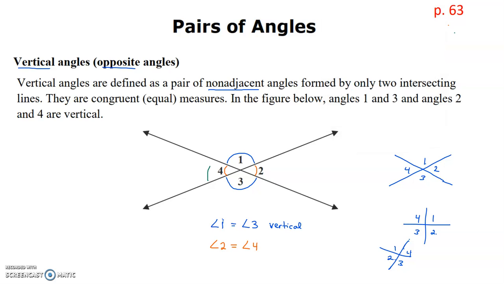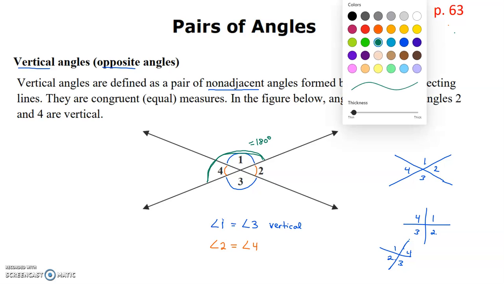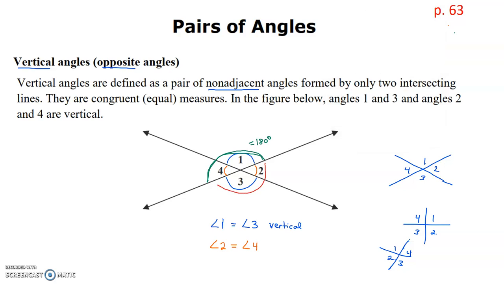So for example, angle 4 and angle 1, they share a line, right? They're touching each other, but together they make 180 degrees. So angle 1 and 4 are supplementary angles. And so are angles 2 and 3. They make 180 degrees.